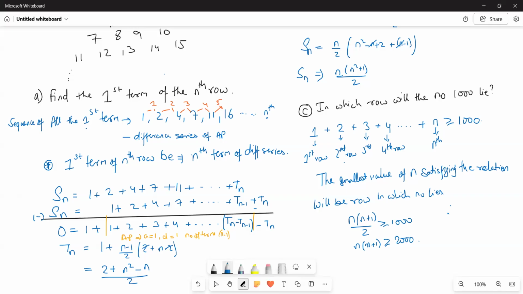So 44 into 45 करते हैं. हाँ ये हो जाएगा.